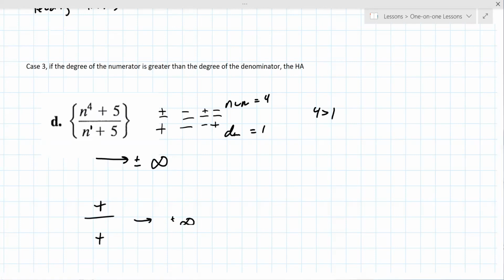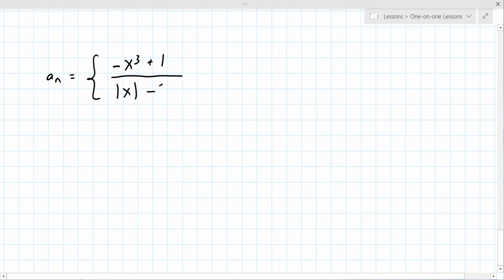I wouldn't put it past your instructor to give you something that goes to negative infinity. So what might that look like? I'll give you an example of that. A sub n equals negative x cubed plus 1, over the absolute value of x minus 3.